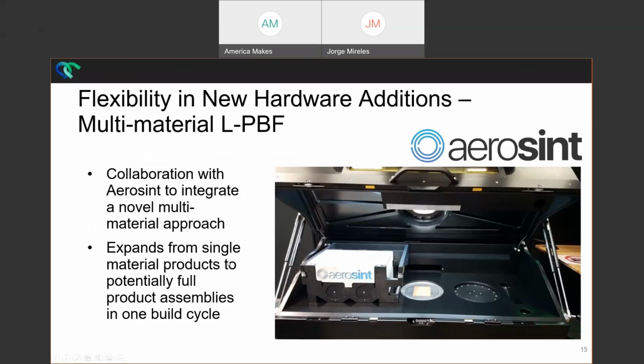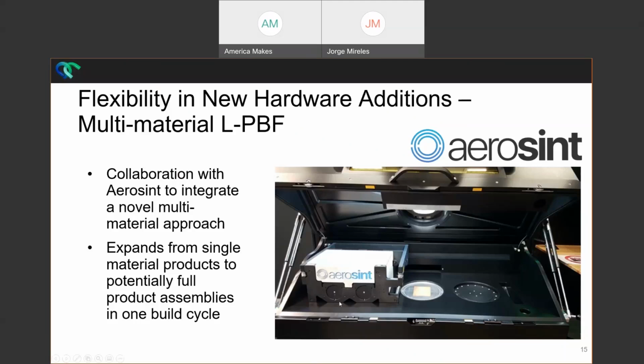The first one here was a collaboration with Aerosynth, who I guess have made the news recently. This company has a solution using a novel recoater. They are able to spread two different materials onto a substrate.